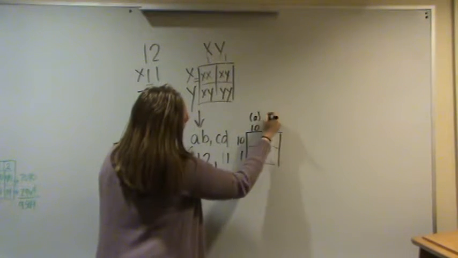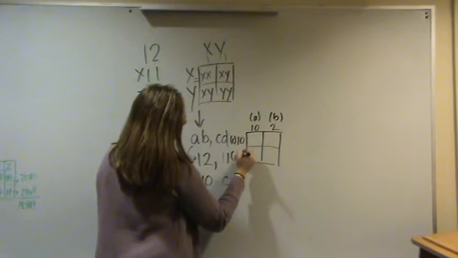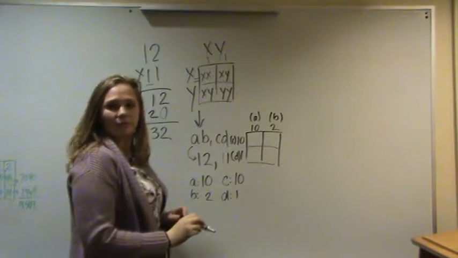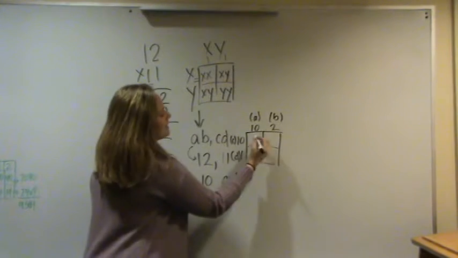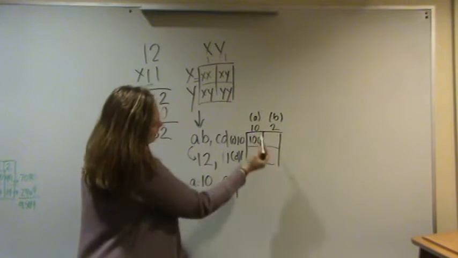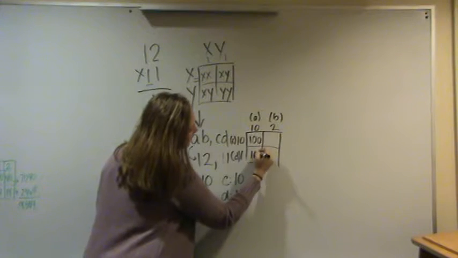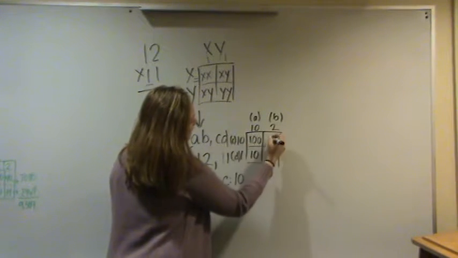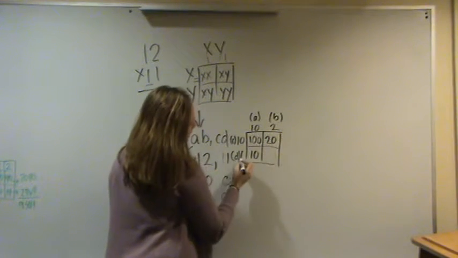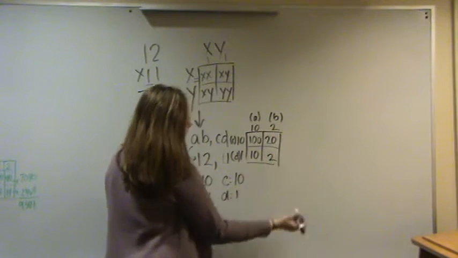I'm going to put A, B, C, and D. Now, we're going to combine A and C to get 10 times 10, which is 100. Then we're going to go down, and we're going to do 10 times 1, which is 10. 2 times 10 is 20, and 1 times 2 is 2.